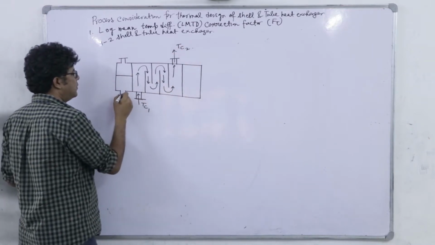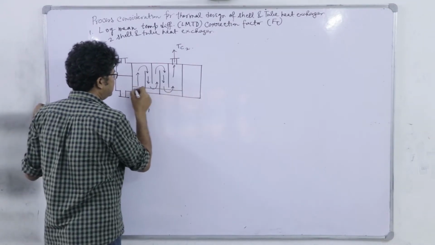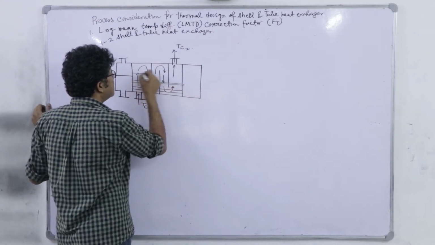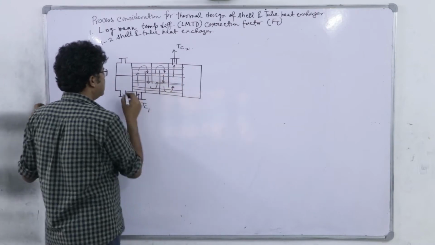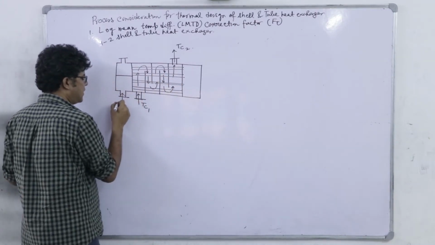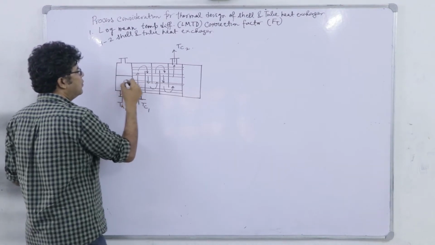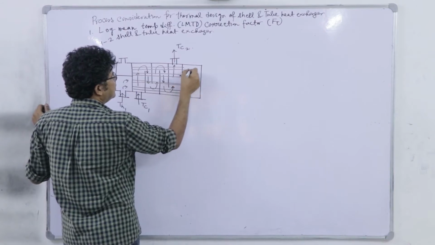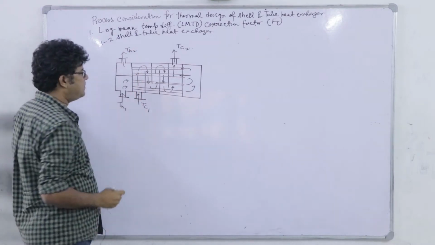And in the tube we have the hot fluid, so we have the tubes like this. The tube side fluid enters at temperature TH1, moves like this and moves out at a temperature of TH2.